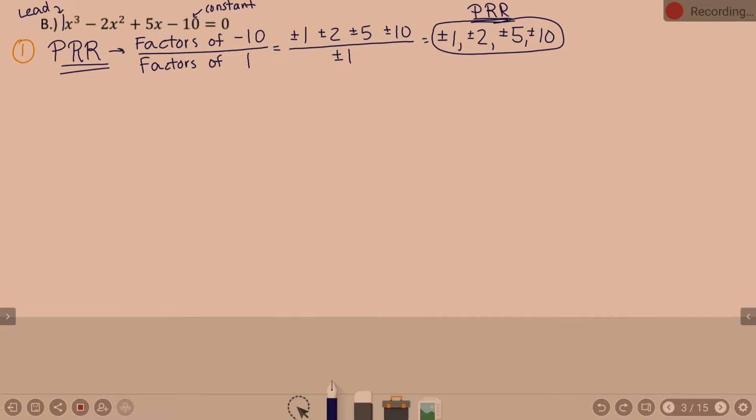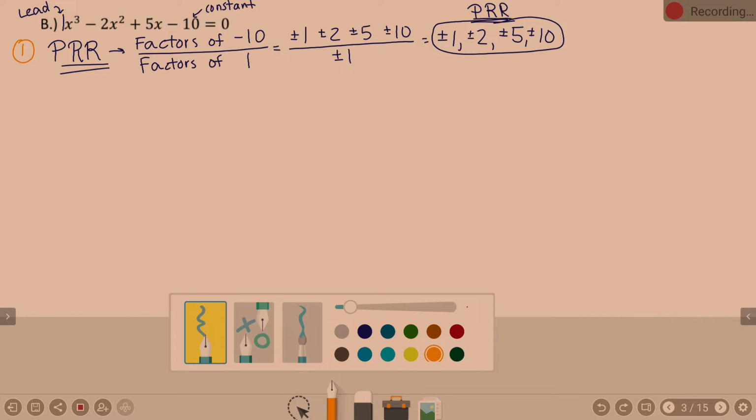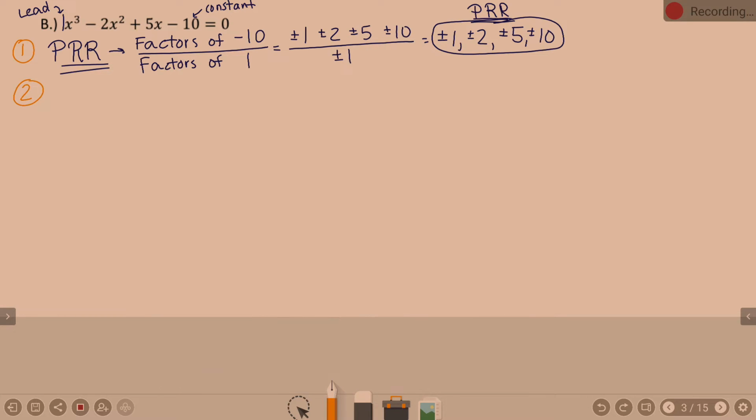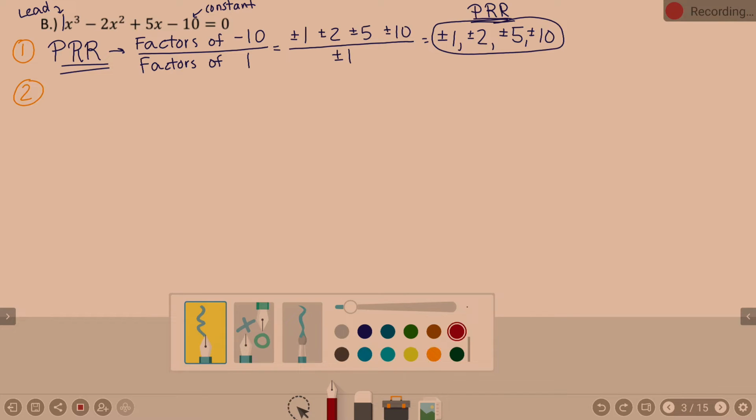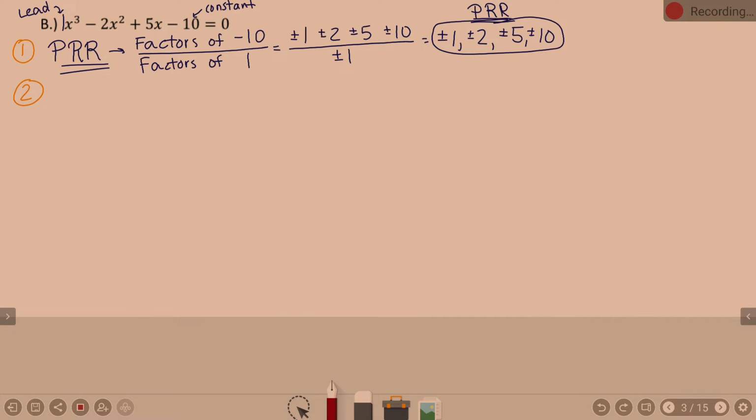So, okay. What do we do once we have our list of PRRs? We're going to go to Desmos. And we're going to check out and see what kind of help Desmos can give us, right? So if you haven't practiced, I would practice. Okay, you're going to check your PRRs on Desmos.